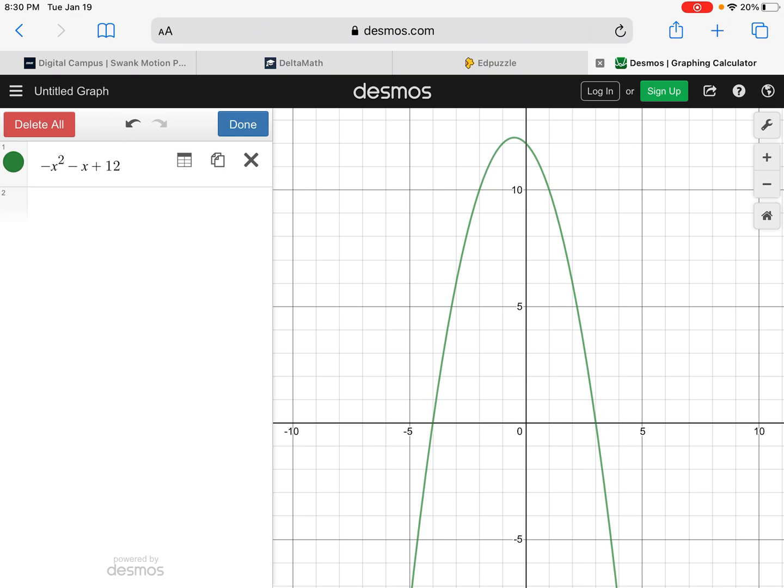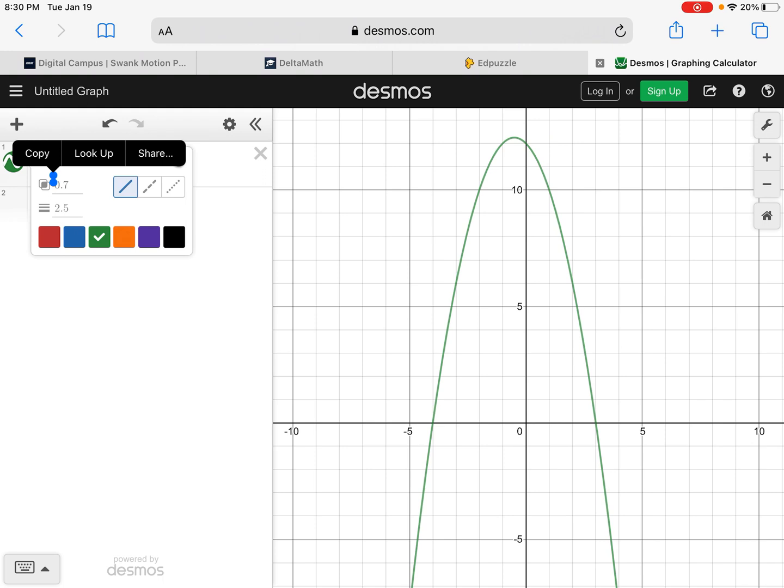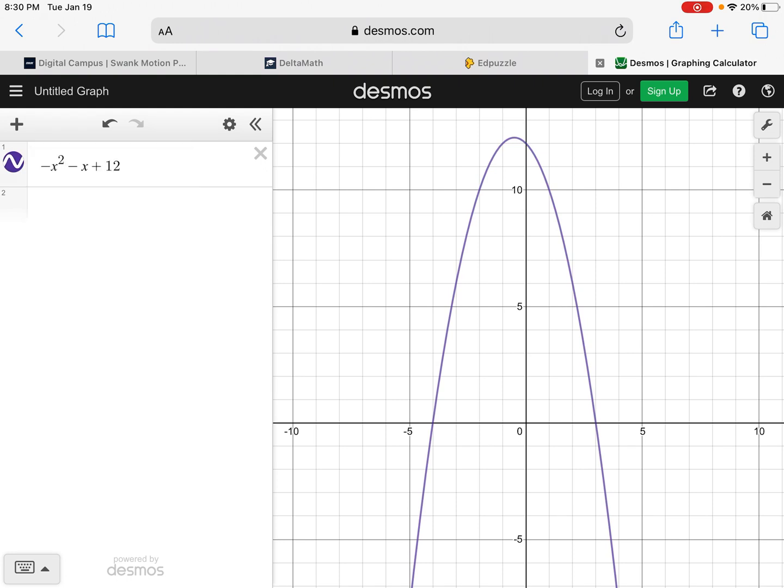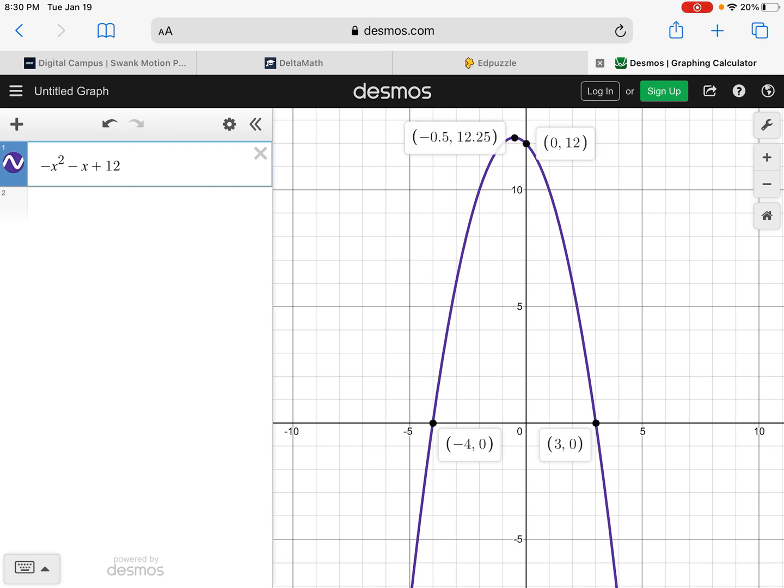And hold it down, maybe? I can't remember how you change the color. I thought you just held it down. Oh, yeah, you do. You hold it down, and then you could change it to like a blue, purple, whatever you want. Okay. Oh, you got to tap it again because I lost all my critical points.